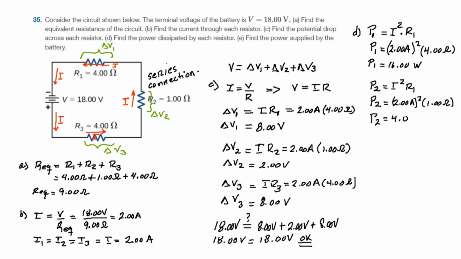The power dissipated at resistor 3 is I squared times R sub 3, which is I squared, 2 amperes squared, and the resistance of resistor 3, which is 4 ohms.